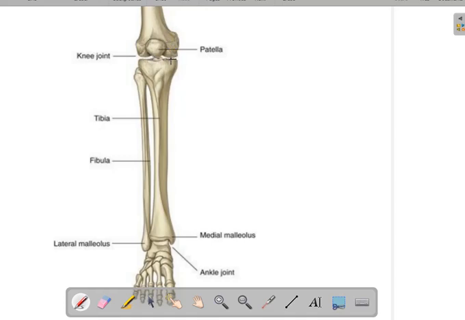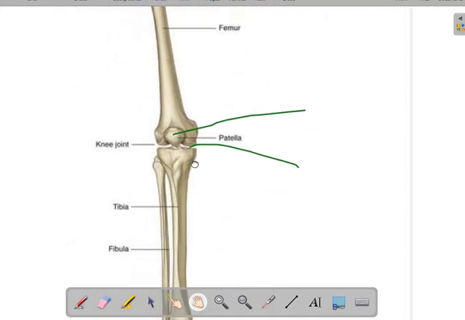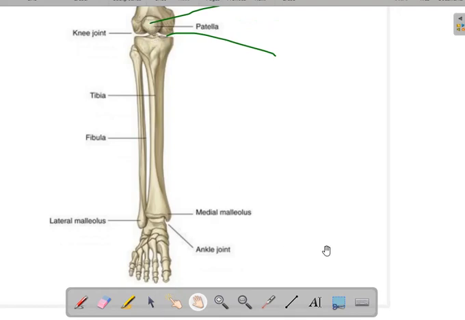This is the patella or kneecap, which is a sesamoid bone. This is the femur, which forms the bone of the thigh, and this is the patella, a sesamoid bone, to protect the tendon of the quadriceps femoris muscle.